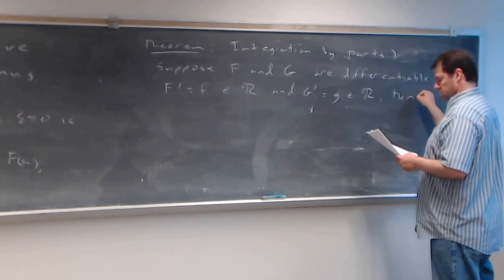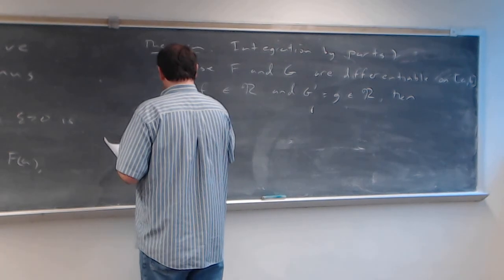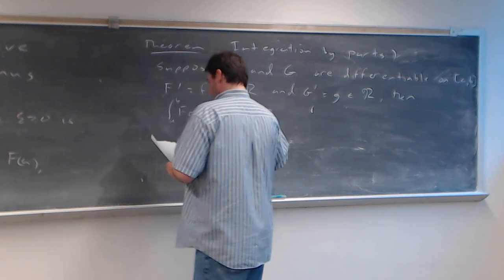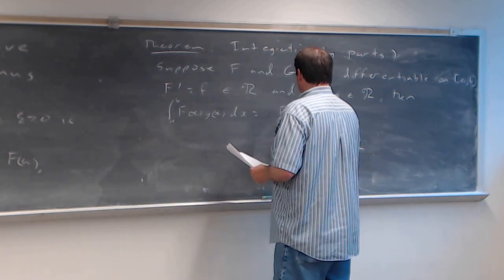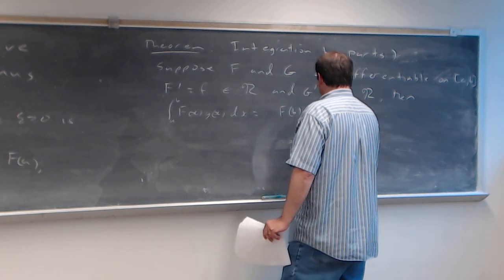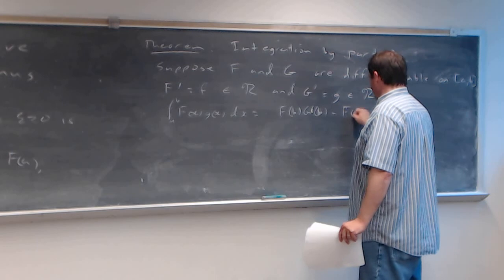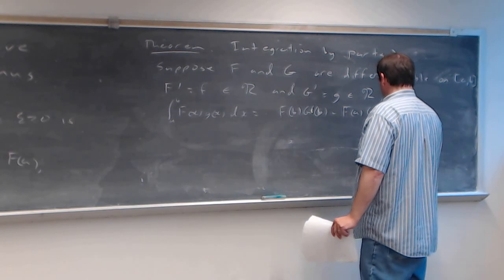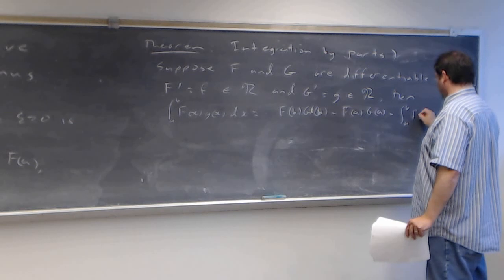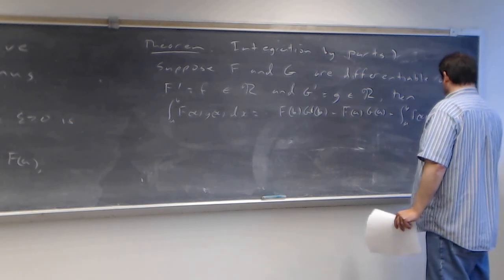Then the integral from a to b of big F of x times little g of x dx is equal to big F of b times big G of b minus big F of a times big G of a, minus the integral from a to b of little f of x times big G of x dx.